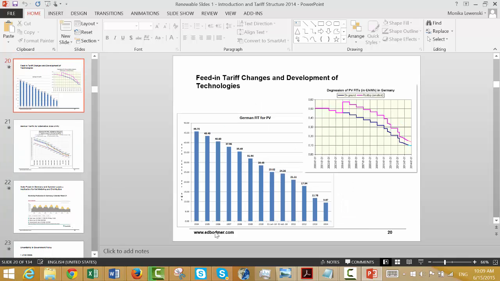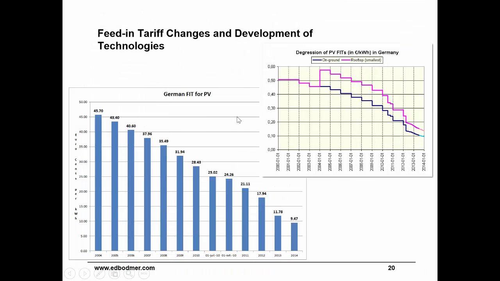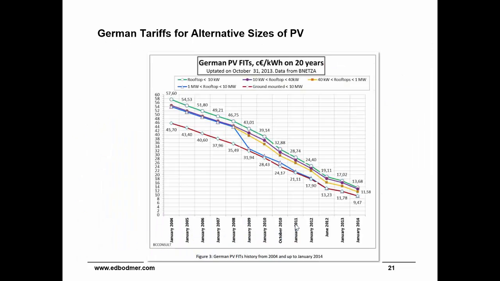You can go to Google and find these, but this is in euro cents per megawatt hour, 450, which is something like $500 or $600 per megawatt hour they paid for the feed-in tariff, and they got the industry started, and they pulled it all the way down to 9 cents, and now you hear projects that have 5 cents per kilowatt hour.